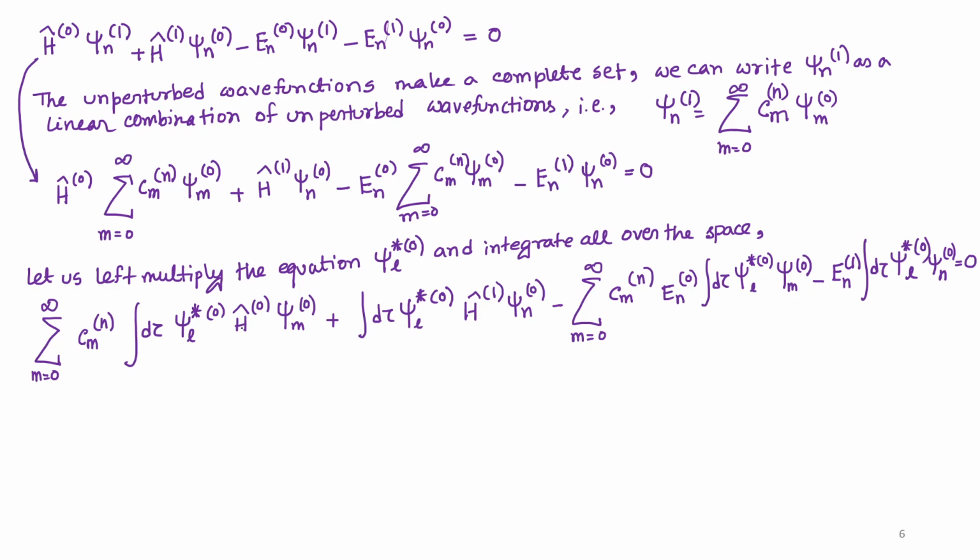When H naught actually, let me write another line maybe. I know this doesn't add much, but I will not try to do the step jump. See, H first order, Hamiltonian first order is, so psi_m is going to be an eigenfunction of this operator, the unperturbed Hamiltonian.